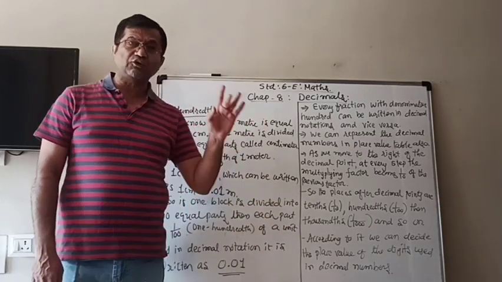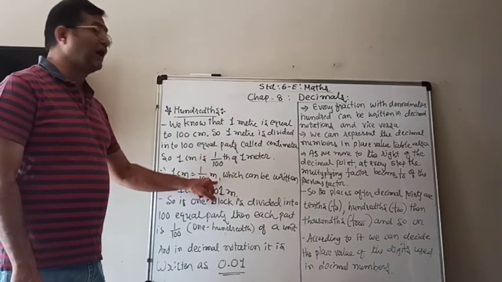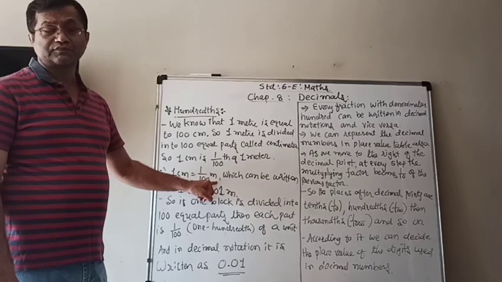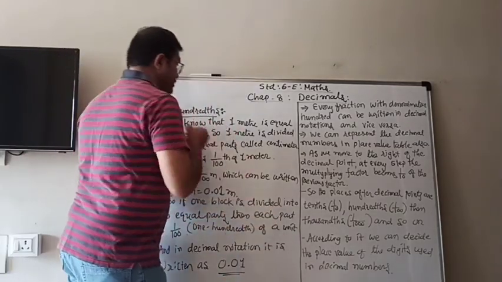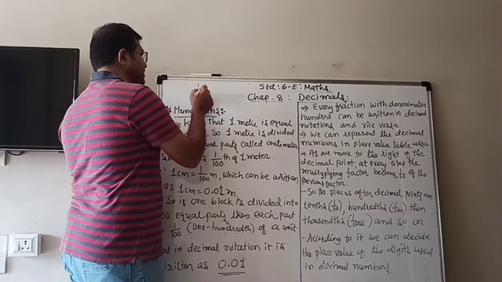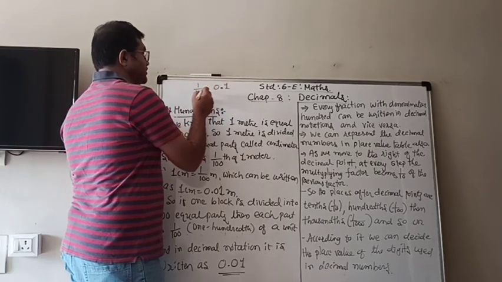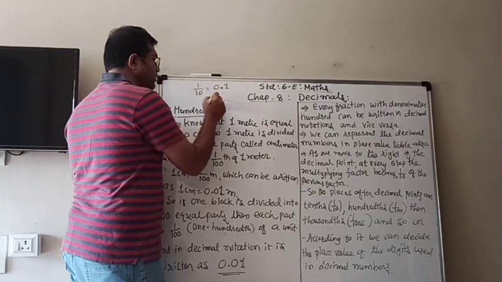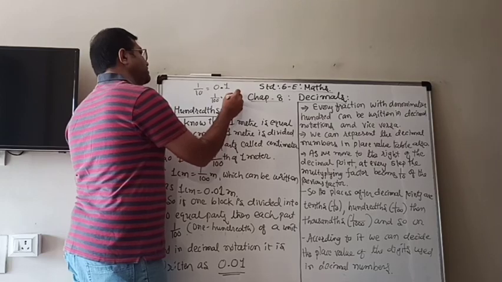It means that 1 centimeter is equal to 1/100 meter. When it was 1/10, it was written as 0.1. Now there is one more 0, 100, so here we have to write 0.01.